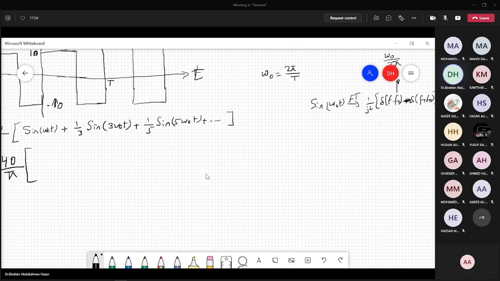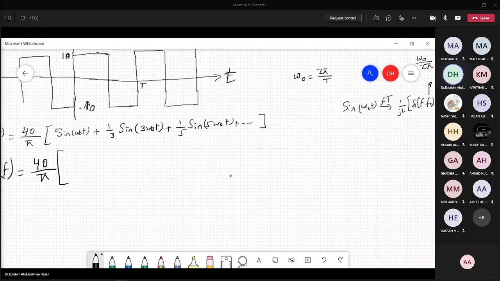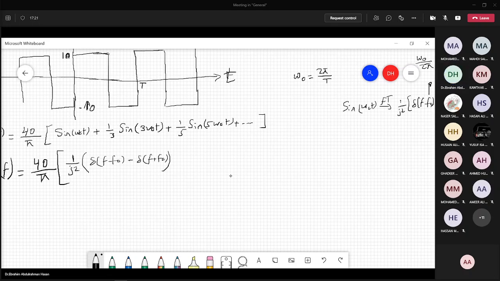So then for the first one, it is equal to 1 over j2 times delta f minus f naught, minus delta f plus f naught. هذه أول term.